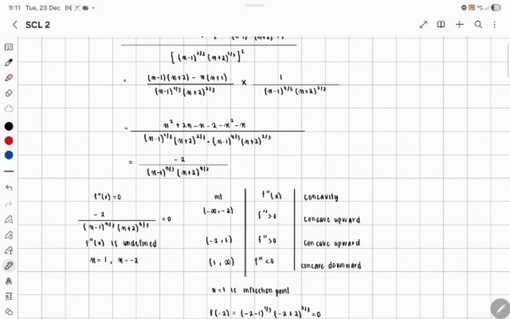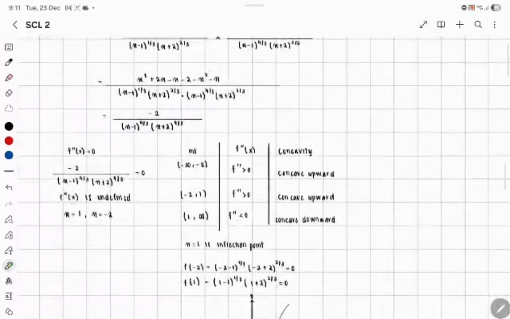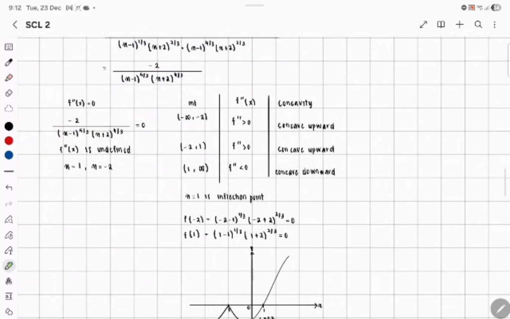Then we set the second derivative equal to 0. From that we did not get a solution, so the second derivative is undefined, but we have the denominator giving x equal to 1 and x equal to -2.